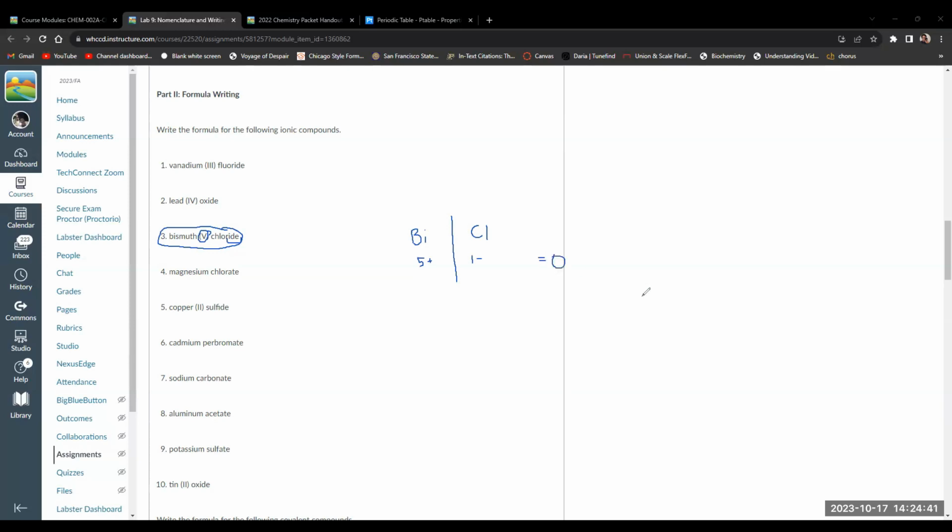Does that equal 0? No. So we need more charges from chlorine to make it equal 0. So 5 plus, 1 negative. Now it'll equal 0.